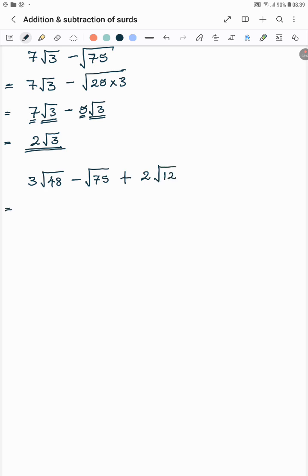So in this case, 16 is a factor of 48. We say 16 times 3, and here 25 is a factor of 75. We say 25 times 3, and here 4 is a factor of 12. We say 4 times 3.